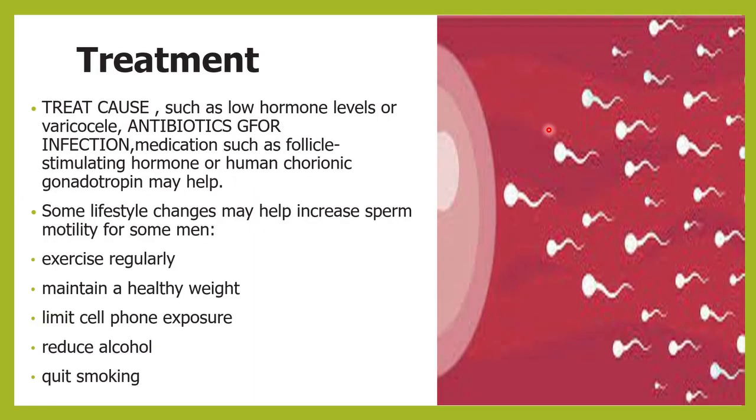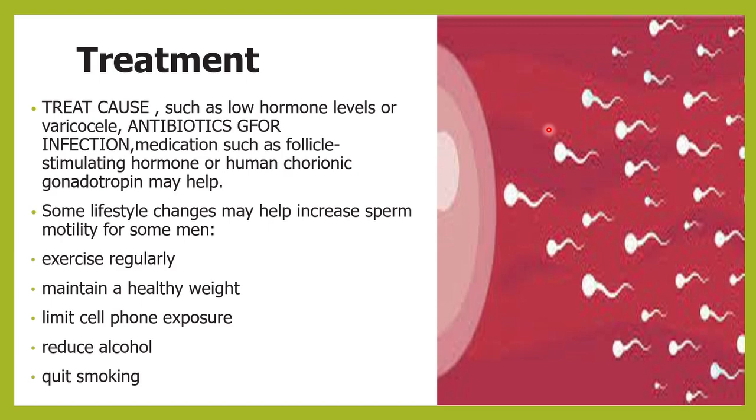So how do we treat low sperm motility? We will have to treat the cause. If a varicocele is causing low sperm motility, we need to treat the varicocele. If there is any infection, we need to treat the infection. If there is any hormonal imbalance or deficiency, we need to treat it.